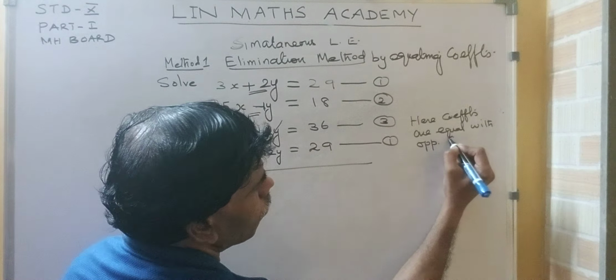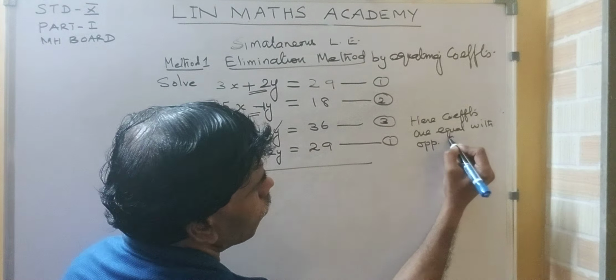So x equal to 65 upon 13 equal to 5. So I got the value of x. Now what do I want? I wanted to get the value of y also.